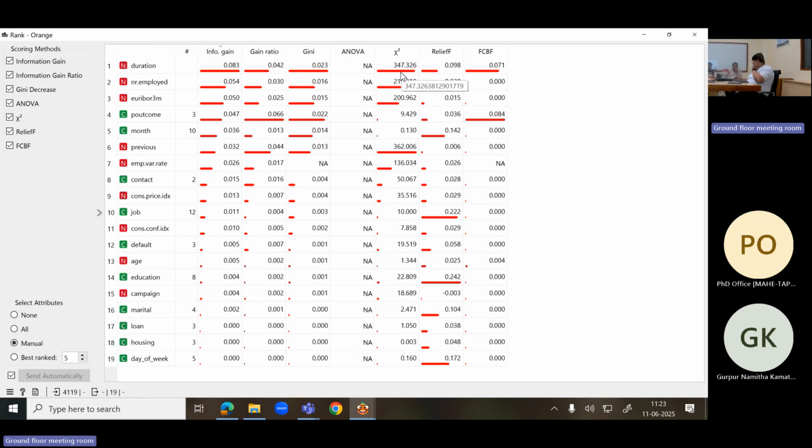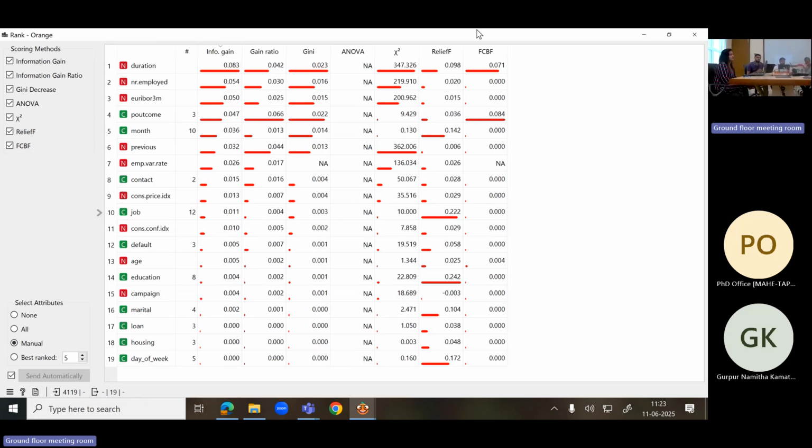Like in this case, when we are saying duration has a higher chi-square with respect to term deposit, what does it mean? Is that there is a certain group of people with whom you had a longer call duration. Okay? They were in favor of the term deposits. And those who had lesser call duration, or it might be vice versa also.